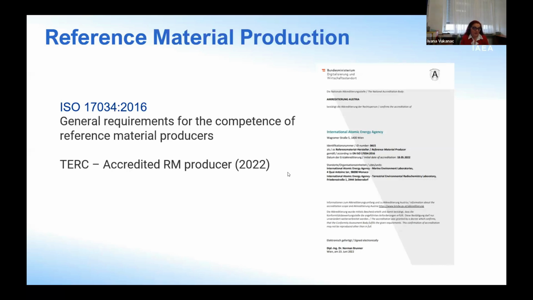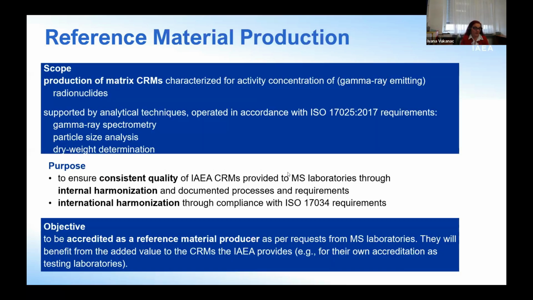I mentioned already, our laboratory has been an accredited reference material producer since 2022. The scope of our accreditation is production of matrix certified reference materials characterized for activity concentration of gamma ray emitting radionuclides.